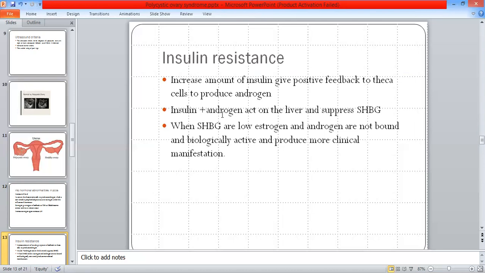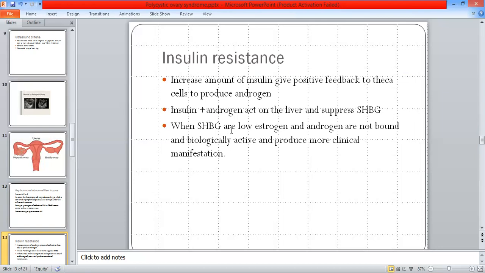Insulin plus androgen together act on the liver, and in the liver they suppress the sex hormone binding globulin. This sex hormone binding globulin binds estrogen and androgen.